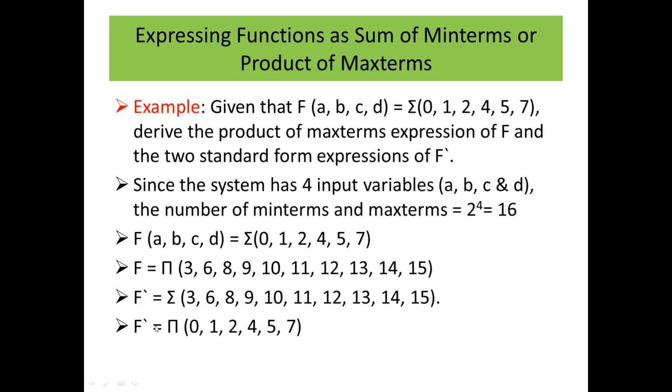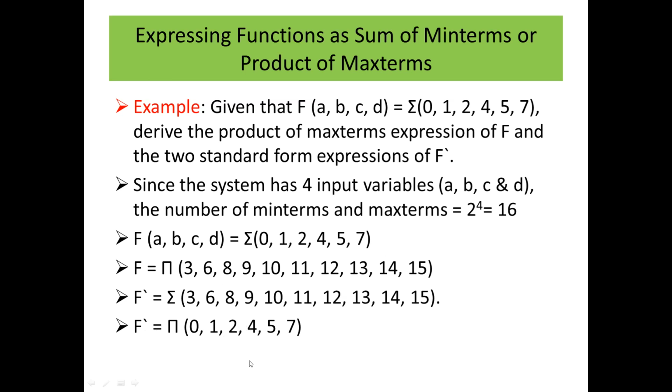So you can also represent F bar in terms of max terms. Max term is product of sum terms. So F bar is equivalent to pi of summation only, 0, 1, 2, 4, 5, 7, because I had told you max terms are complement of minterms.